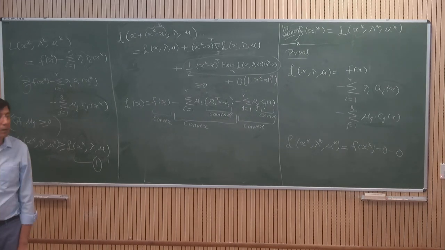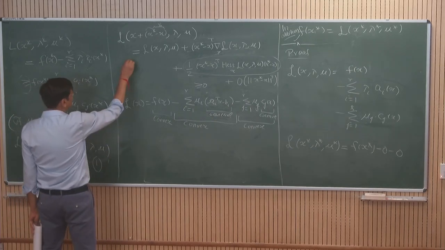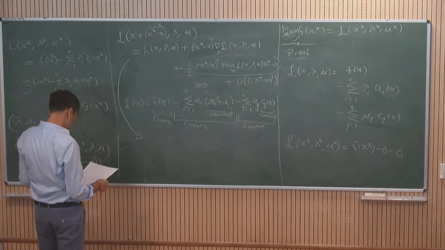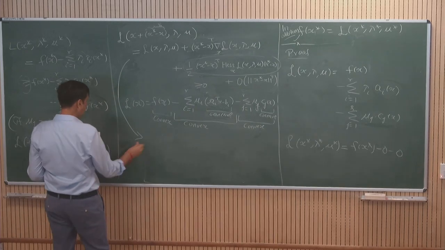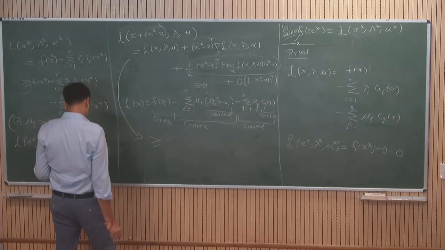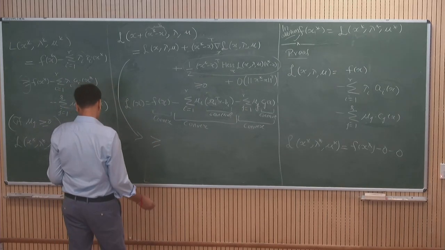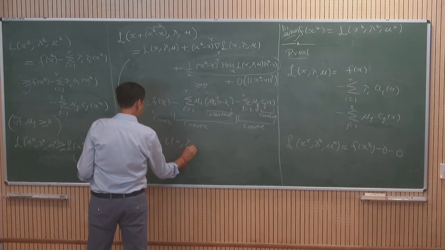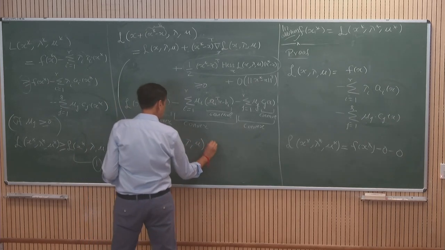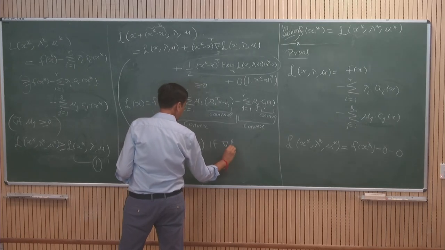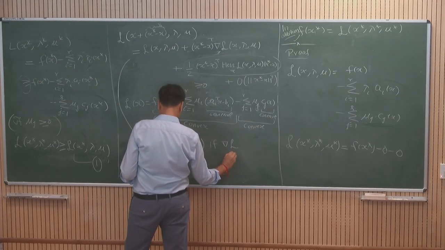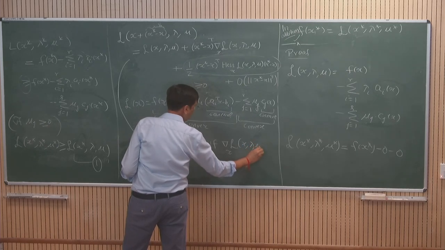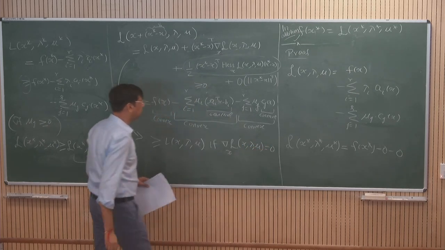Everybody with me? So now if I have to write this term, what is this? This is greater than or equal to L of x, lambda, mu, if the gradient of the Lagrangian with respect to x times mu is equal to 0.